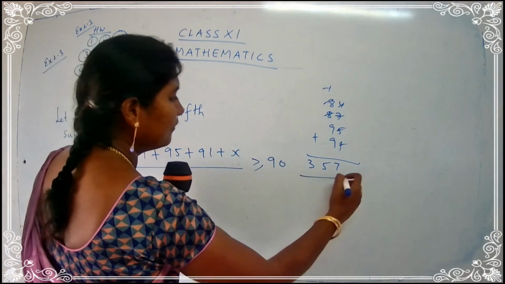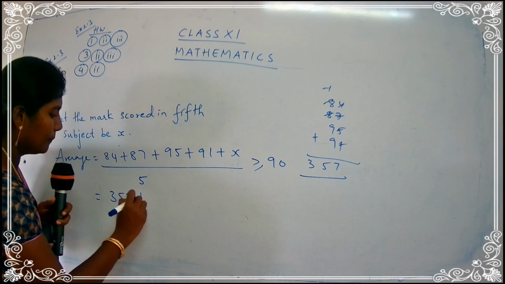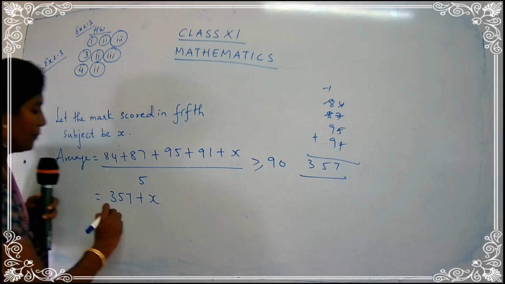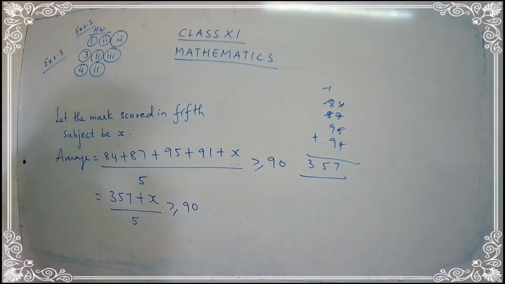You can go from the back, this will be easy. So you get 357. Write down here 357 plus x, one number is left out, upon 5 greater than or equal to 90.